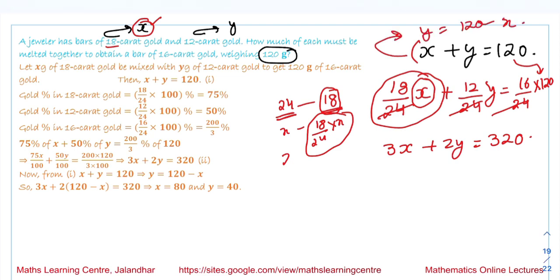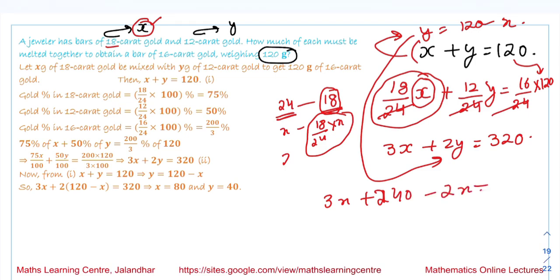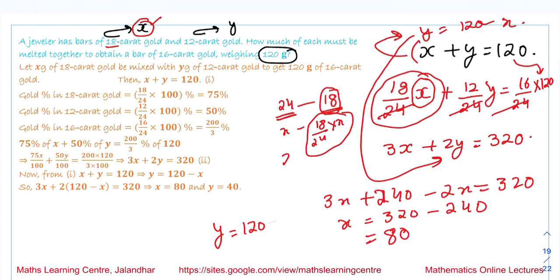We substitute this value of y and we get 3x plus 240 minus 2x is equal to 320. So the value of x is 320 minus 240, and the value of x we get is 80. The value of y is 120 minus 80, and that is equal to 40.